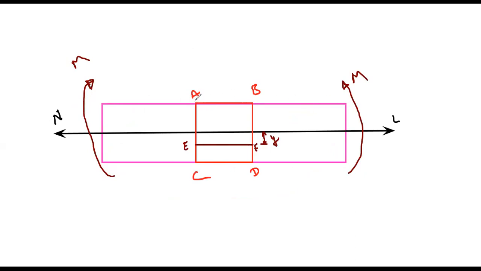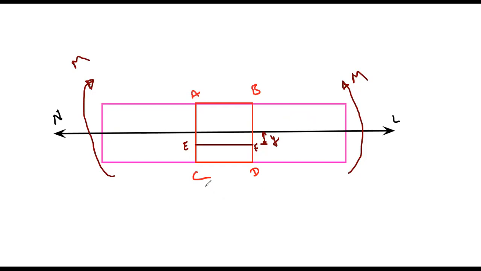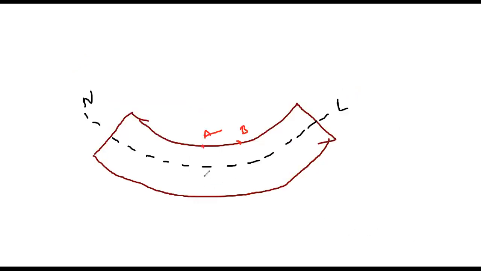Because of this moment, AB gets into compression, in the sense the length of AB reduces, whereas the length of CD expands. This is our element after bending. Or you can call it A dash, B dash, C dash, D dash.